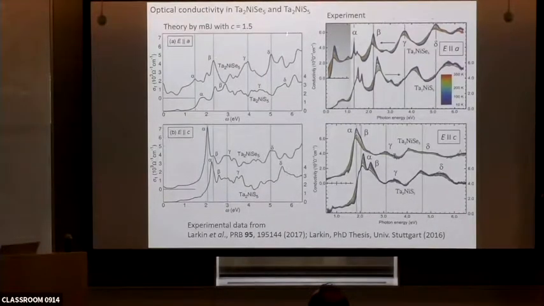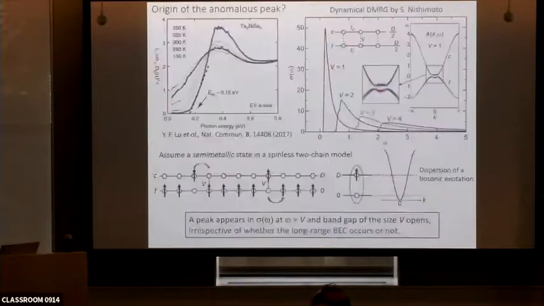And the issue is that for this one there is no corresponding peak. Instead, you have a Drude peak, because this is a semi-metallic situation. So what is the origin of this peak? It should be explained. And we made a simplified model calculation for this, using this model.